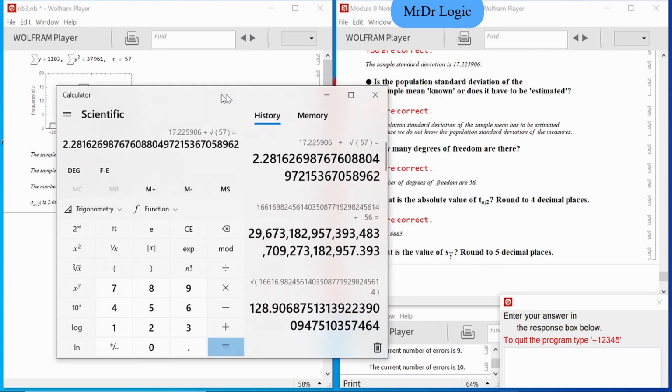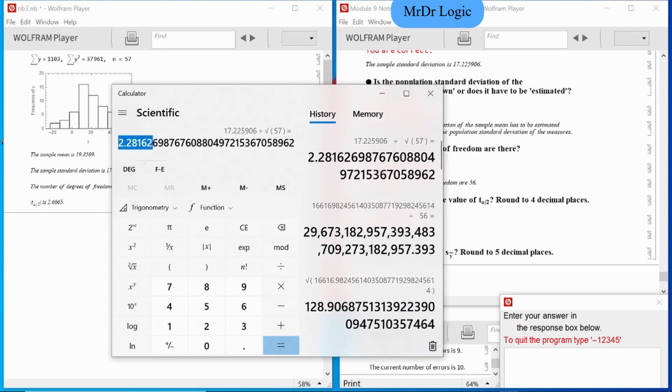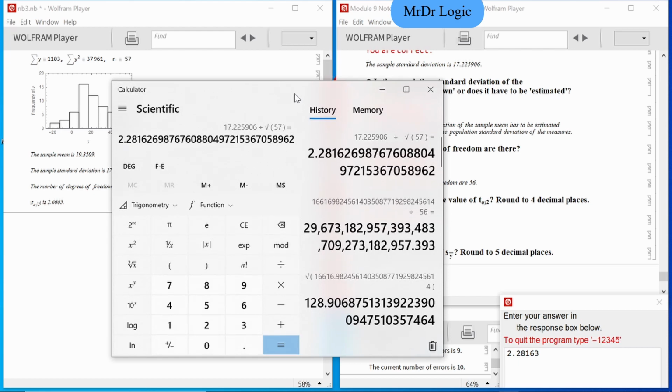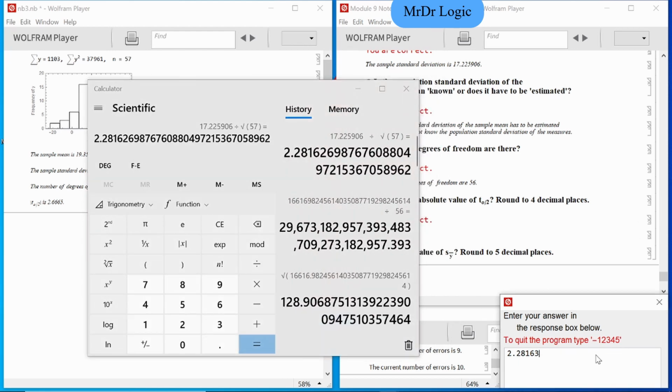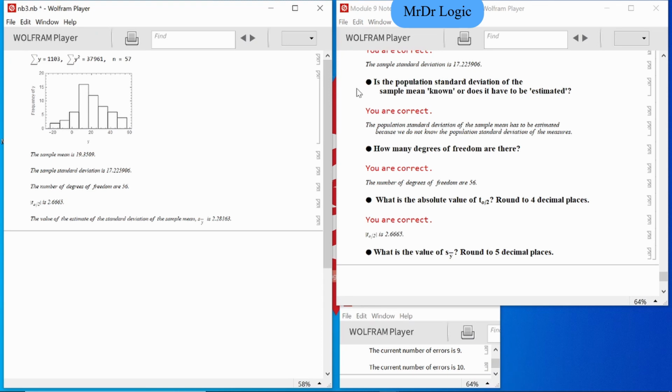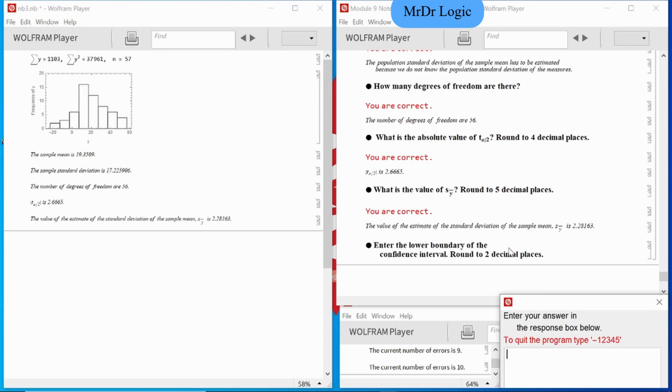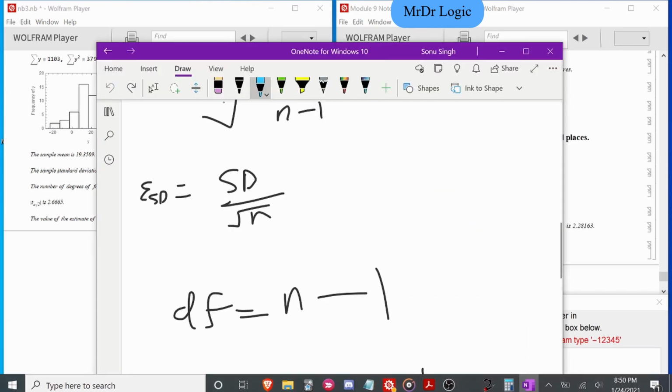Okay, I'm gonna do this on my calculator just to be safe, because I don't want above 10 errors.